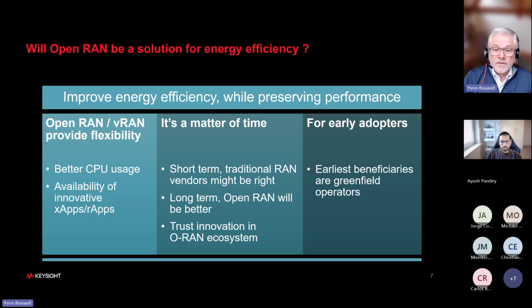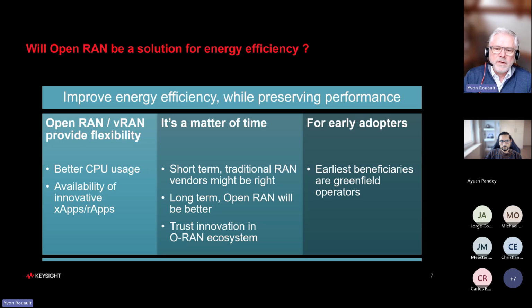I think it's a matter of time. So initially today, probably the monolithic or the traditional solutions from the RAN vendors are optimized for energy efficiency, correct? Because the vendor has access to all the components that are used inside of the RAN, so it is optimized by nature, let's say.